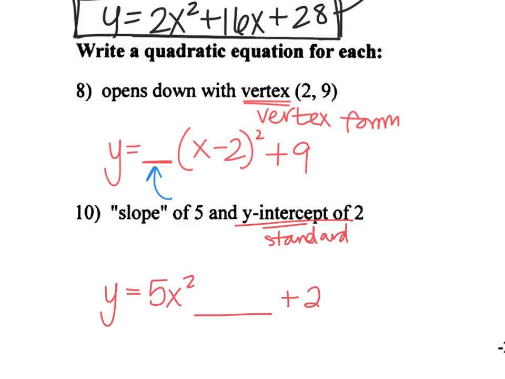So this middle number could be -700x. It makes no difference what you put in there. The parts that you have to have are the 5 in the front, you must have an x squared, don't forget your exponent on any of these, and then you need to have a plus 2 at the end. So as long as you have those pieces, you're going to have a correct answer.